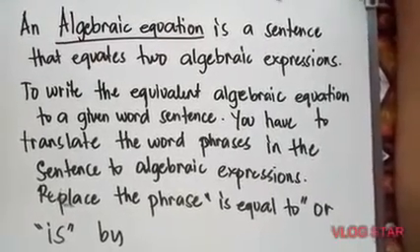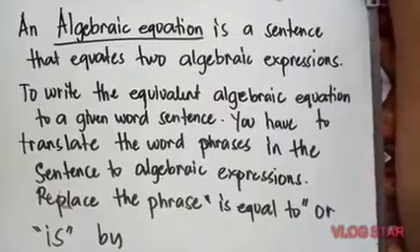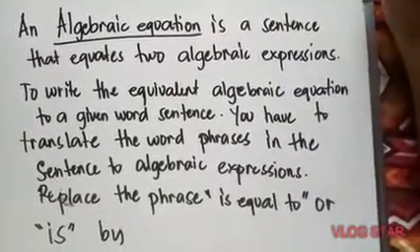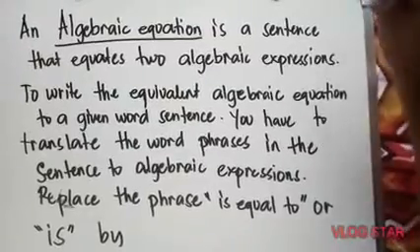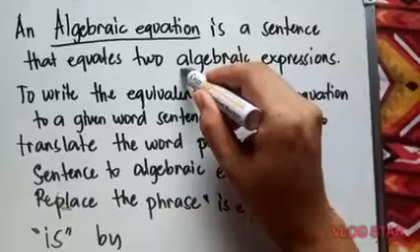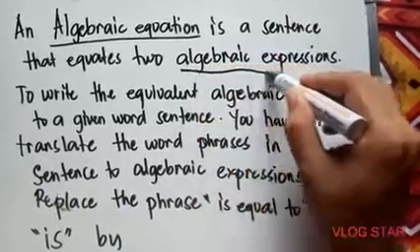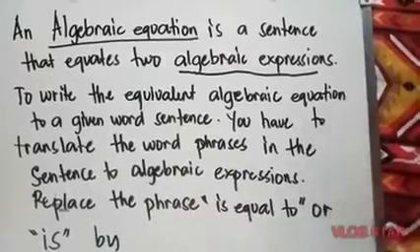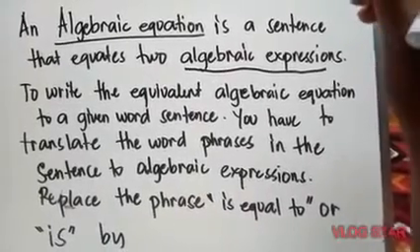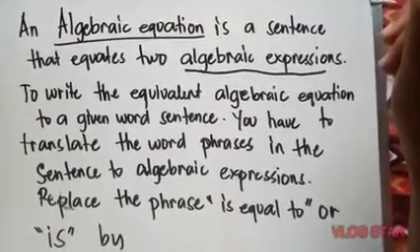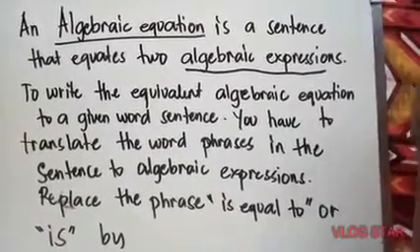An algebraic equation is a sentence that equates two algebraic expressions. So there are two algebraic expressions in an algebraic equation, or there is an equal sign in it. That is the difference from the algebraic expression.